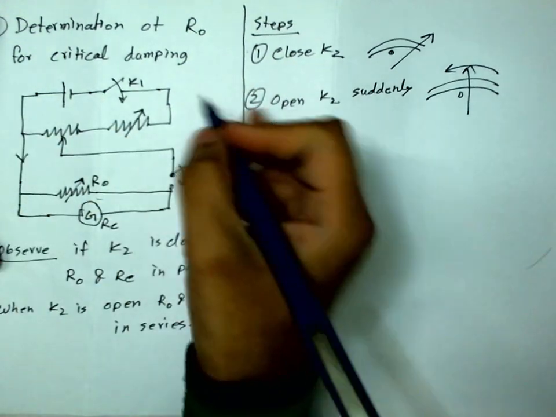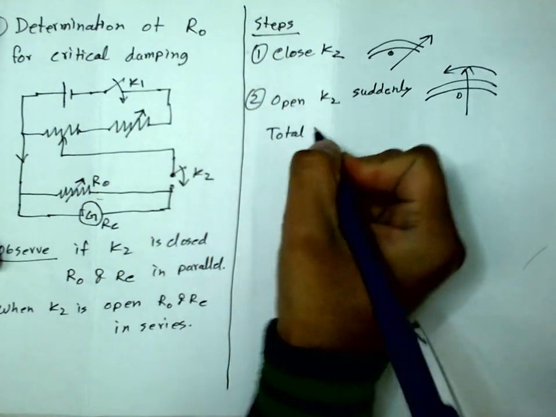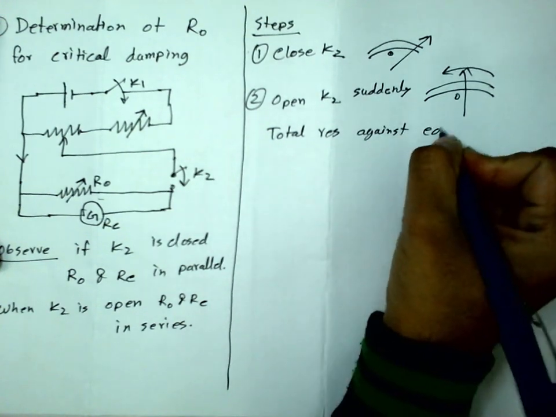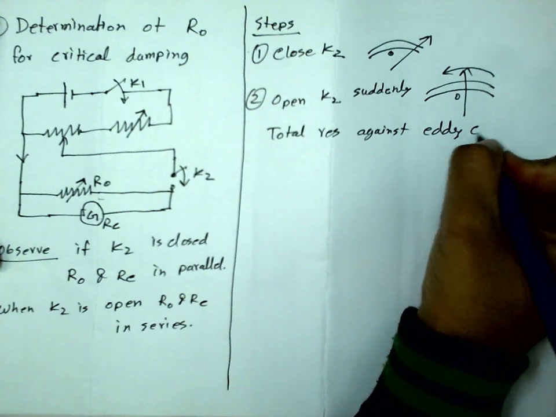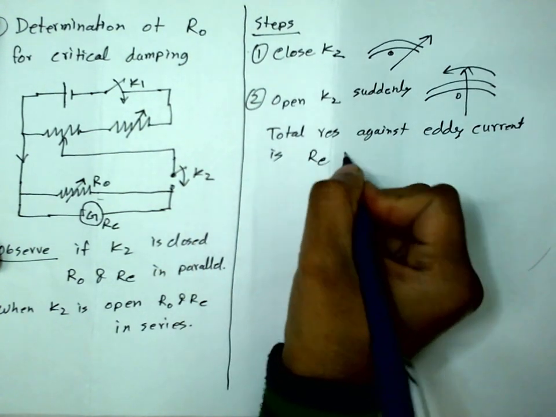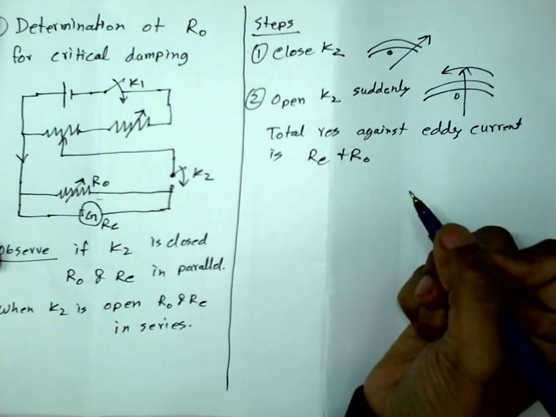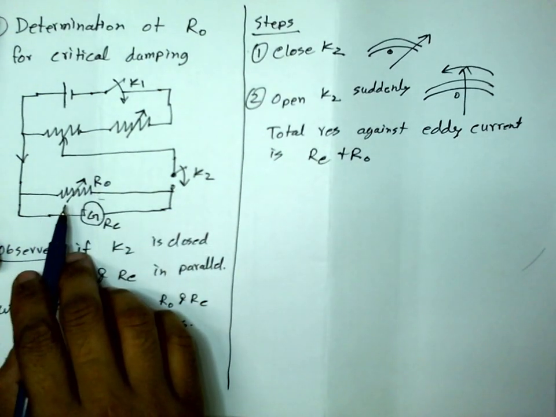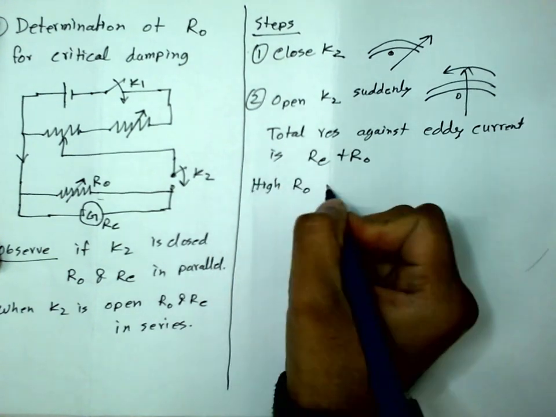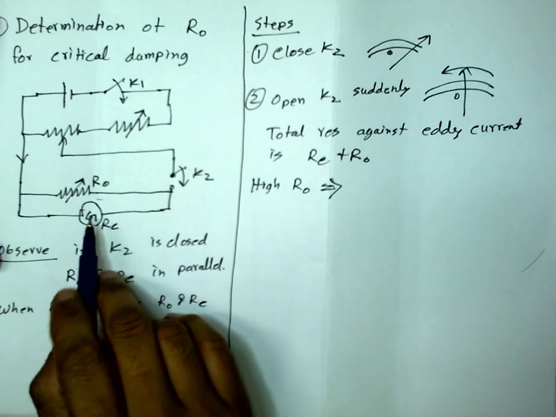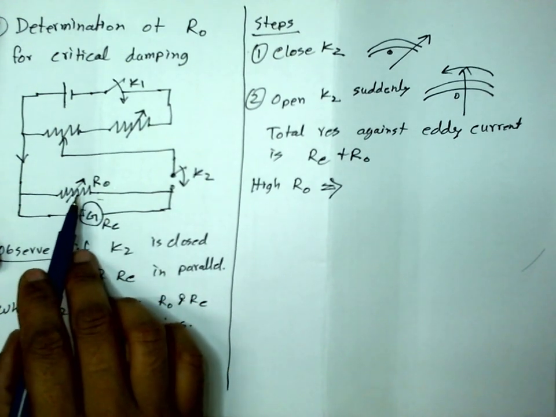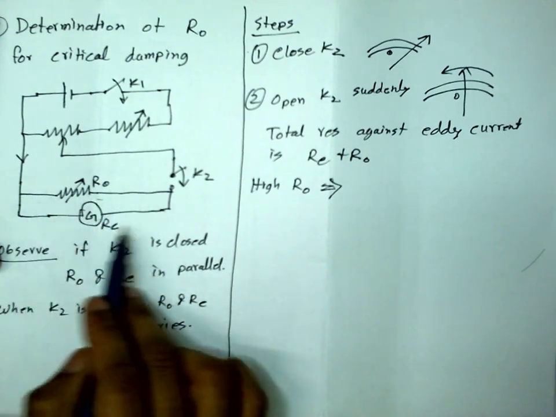So the total resistance against the eddy current is RC, the coil resistance, plus RO. Now you see, I can have high RO. If I have high RO, that means this is almost open, or very high resistance, then the eddy current is small.